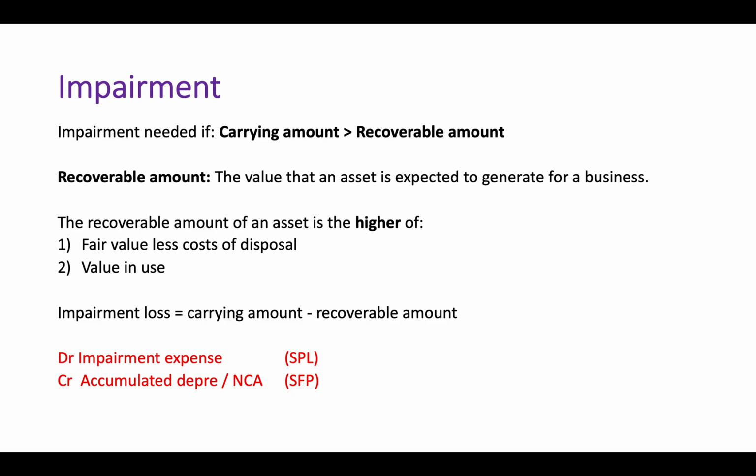As for the value in use, it is the present value of what you can get from the asset in the future. Present value measures how much a future sum of money is worth today.